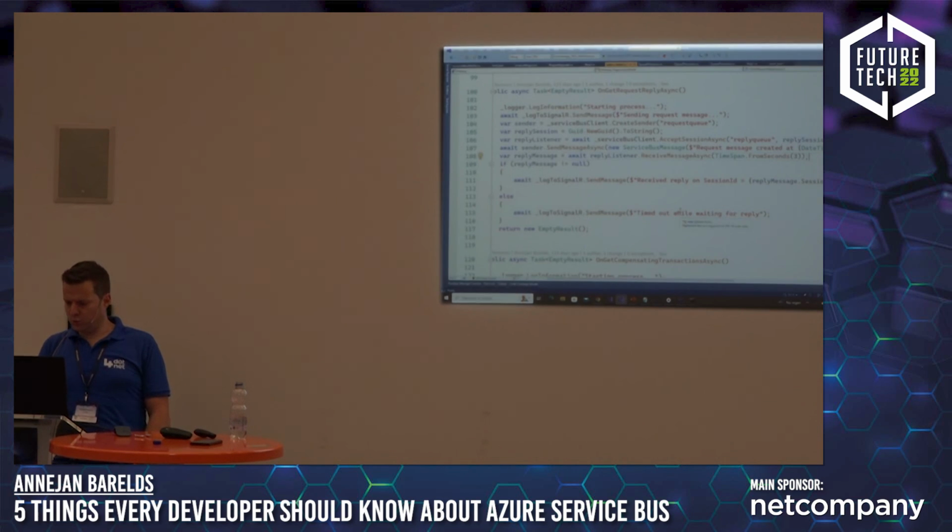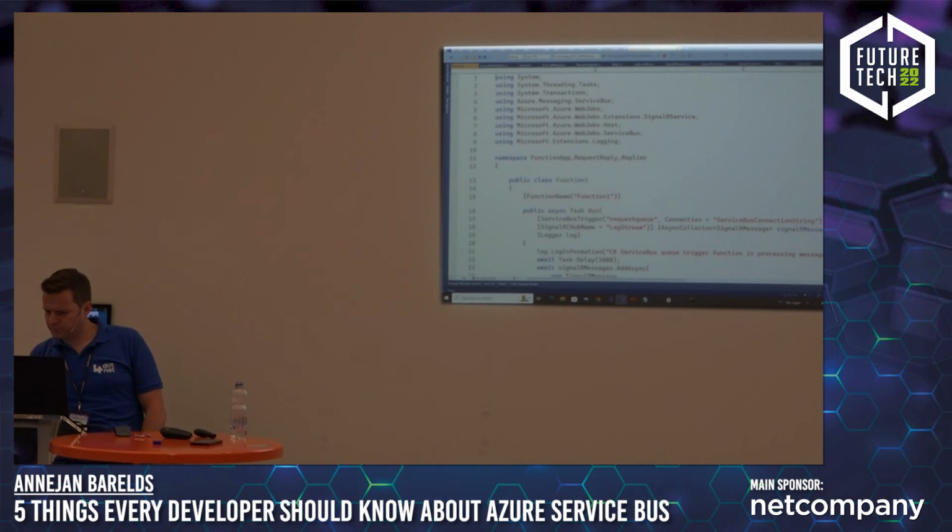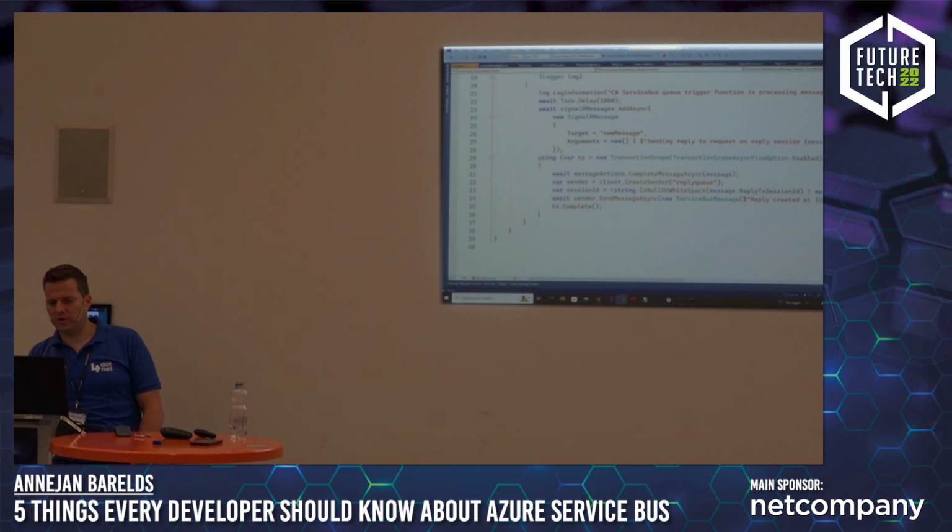But let's quickly get into that reply function. Where is it? It's not here, right? Yeah, there it is. So this is basically the only thing it's doing, apart from waiting a second.